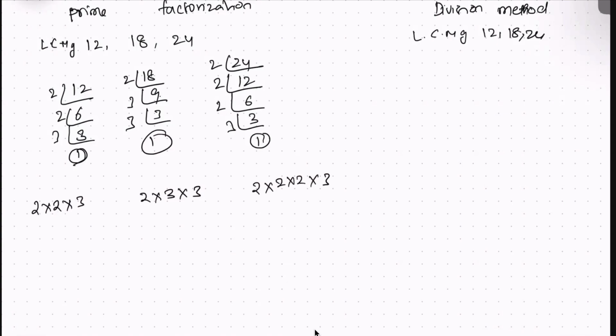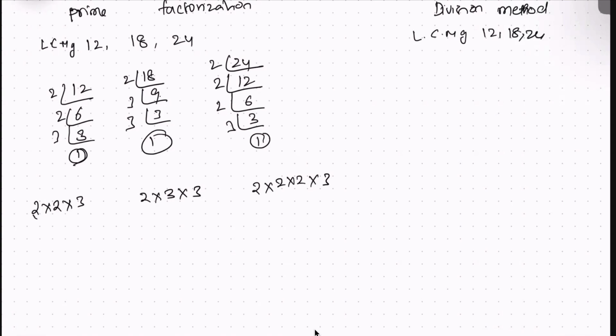Now in the GCF you selected the least number of occurrences for the factor, right? So here we have to choose the maximum number of occurrences. If you choose the maximum number of occurrences, then you would get the LCM of the numbers.